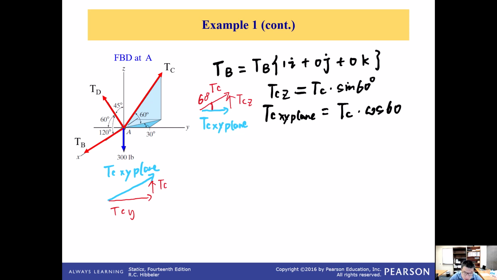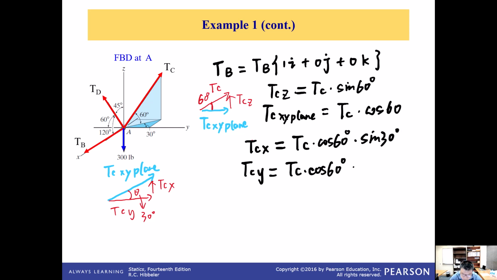So which means our TCX becomes TC cosine 60 and then times sine 30. And the TCY becomes TC times cosine 60 and times cosine 30. And the TC becomes this one.